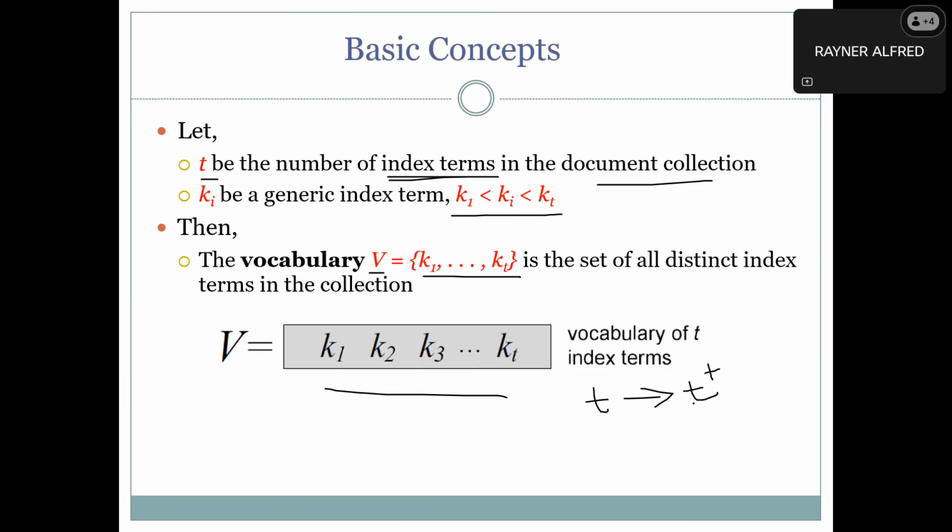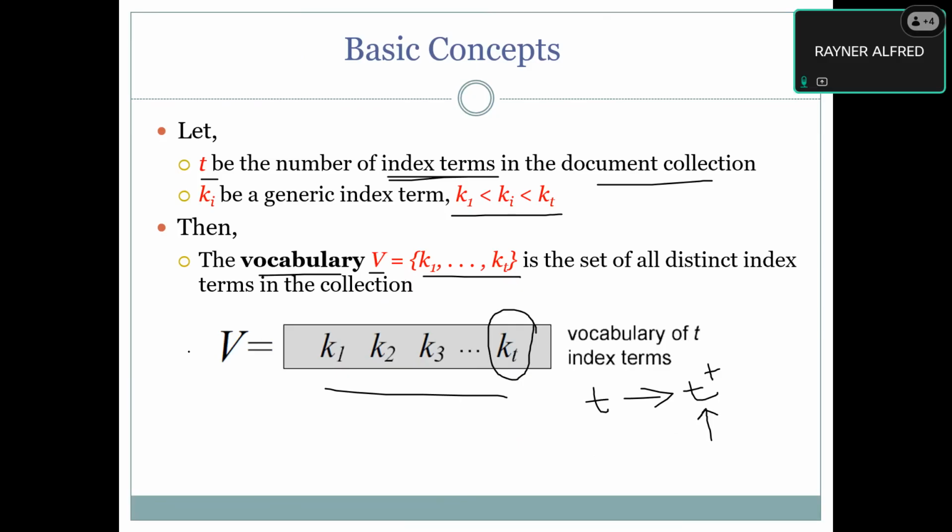So we want to optimize this, because later on when we perform the ranking function, we want efficient calculation for the ranking of the documents. We do not want to use all the memory. So the objective is to optimize the number of keywords that we have in our vocabulary.